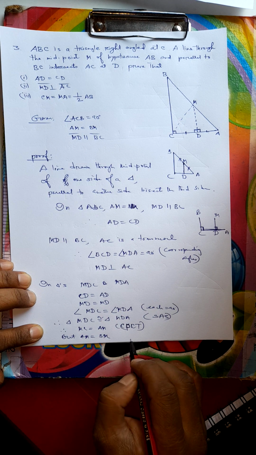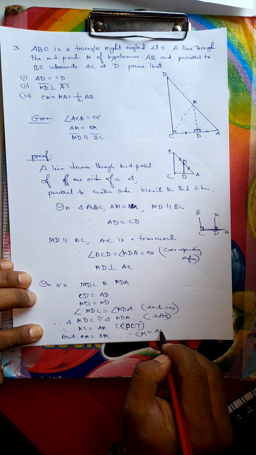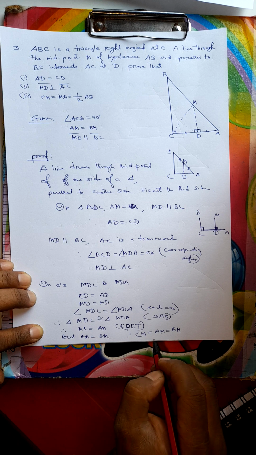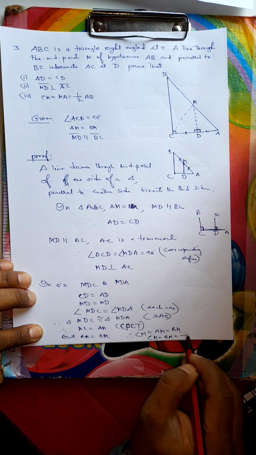MC equal to AM, but AM equal to BM, since M is the midpoint. Therefore CM equal to AM equal to BM, or we can say CM equal to AM equal to half of AB.